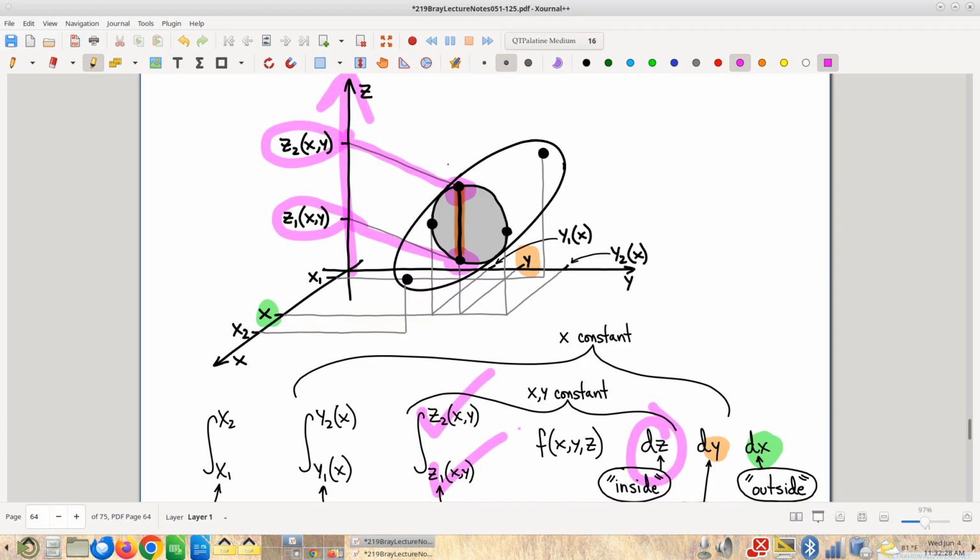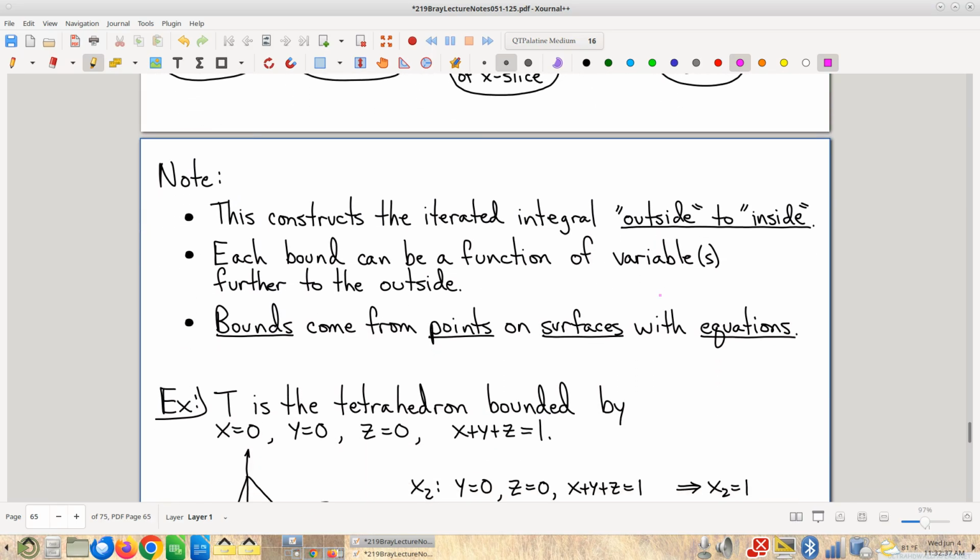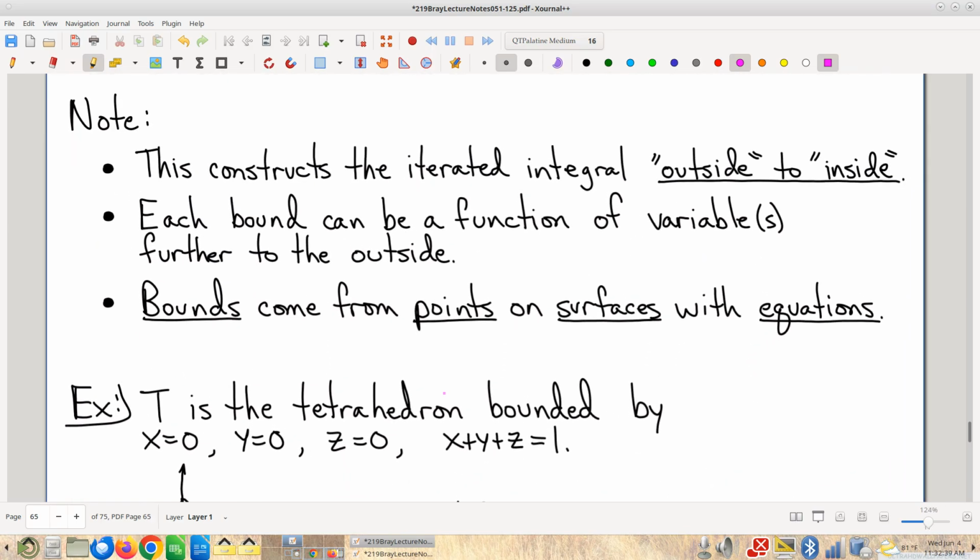Okay. All right, let's do one. Dive in. Examples really help for this kind of stuff. A couple of quickie observations. Just like double integrals, notice we construct the integral outside in. Of course, you have to compute it inside out.